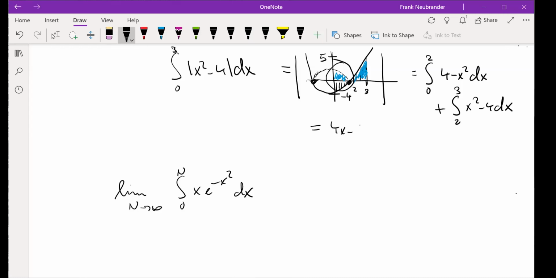So it's 4x minus x to the 3 over 3, where you plug in 0 and 2, plus x to the 3 over 3 minus 4x, where you plug in 2 and 3. And then you get the result.